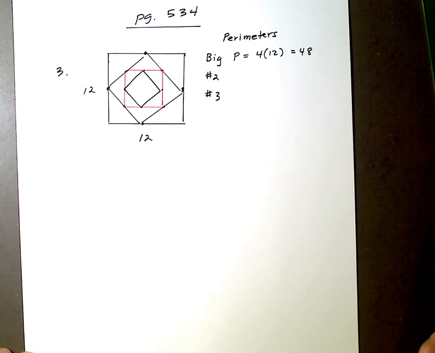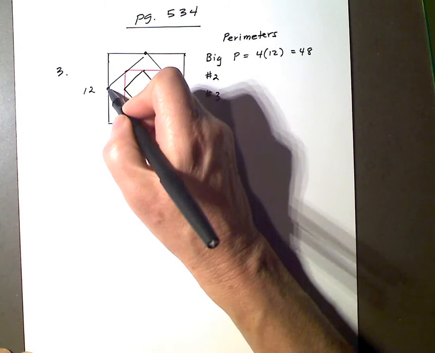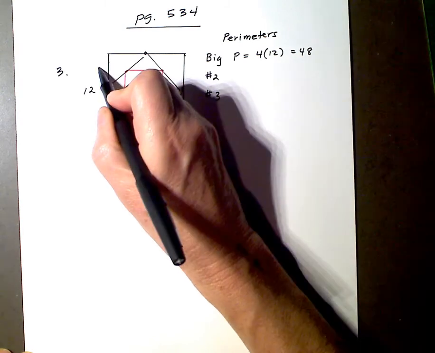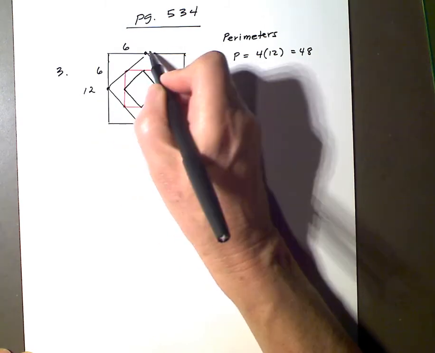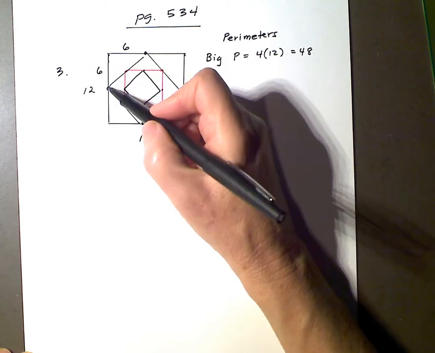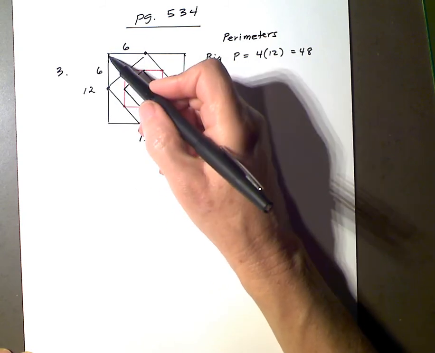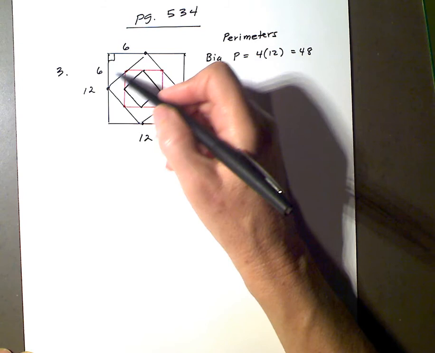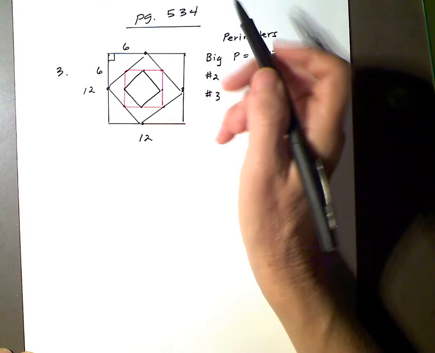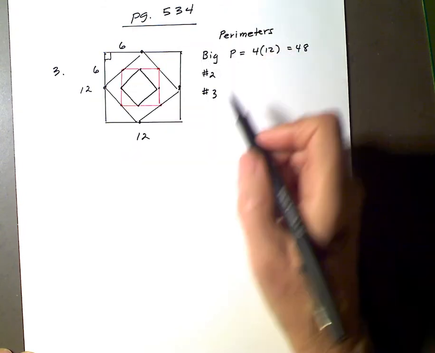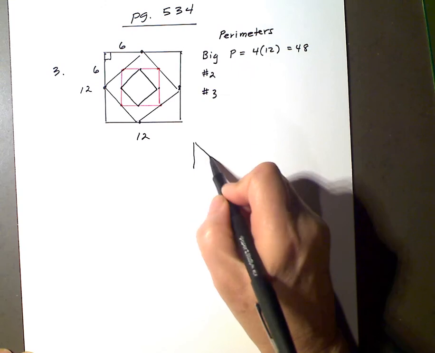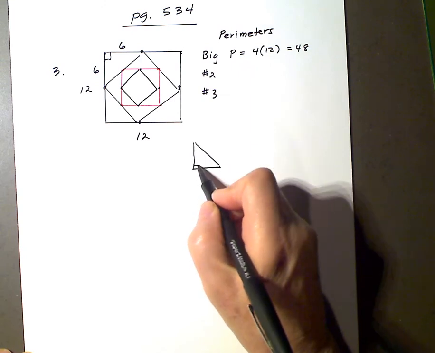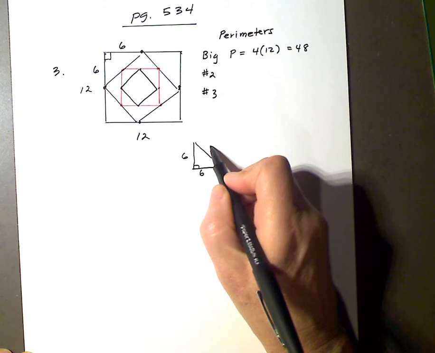then that means that from here to here, half a side is 6, and this is 6 from here to here. And so this triangle right here, 6, 6, as a right triangle, is a 45, 45, 90. So we know from 45, 45, 90s, if you have these two sides, then the hypotenuse is 6 root 2.